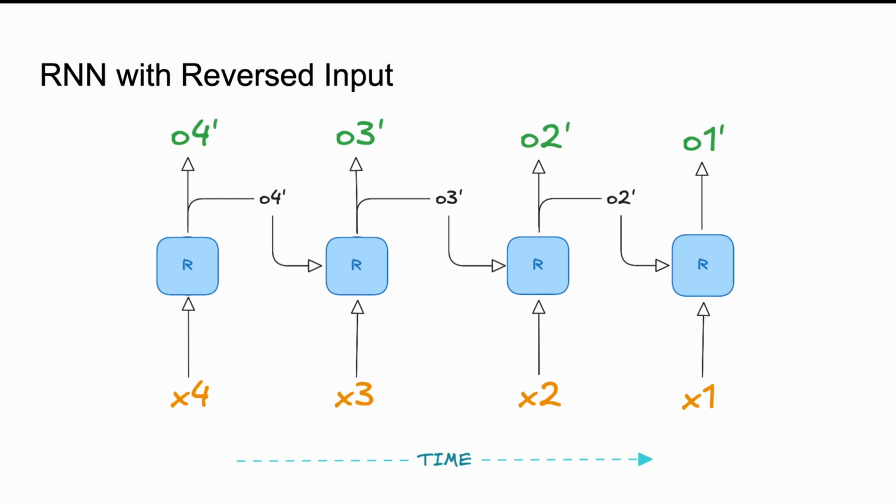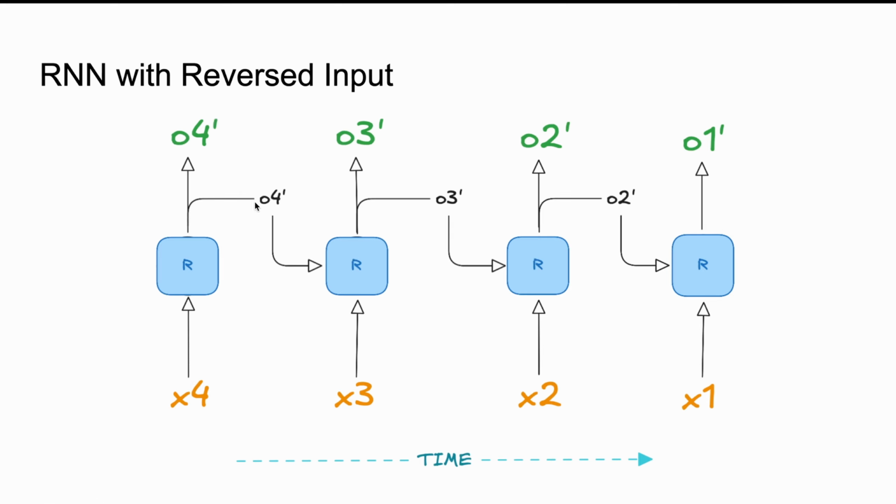Now we'll look into RNN with a reversed input. So we can reverse the input and provide it to the RNN. Let's suppose we have a sentence starting from x1 to x4, and here we have reversed the input from x4 to x1, so that we'll first input x4 to the RNN.